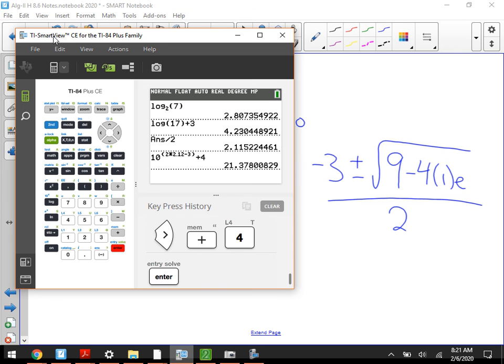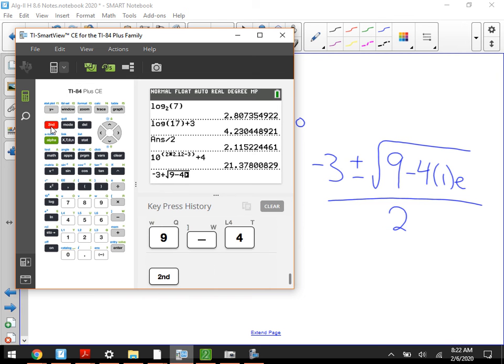Negative 3 plus square root of 9 minus 4. Now the E button is second natural log, okay?